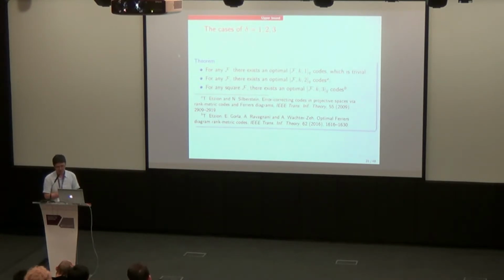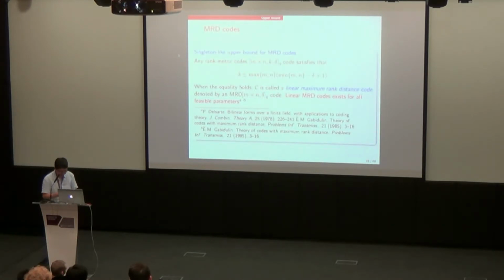When delta equals 1 or delta equals 2, for any Ferrers diagram, the conjecture is always correct. When delta equals 3, for the square Ferrers diagram, the conjecture is true, but for the rectangle, the conjecture is unknown here. Okay. When delta is greater than or equal to 4, the conjecture is also unknown.